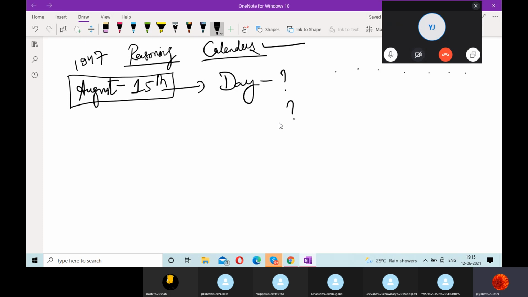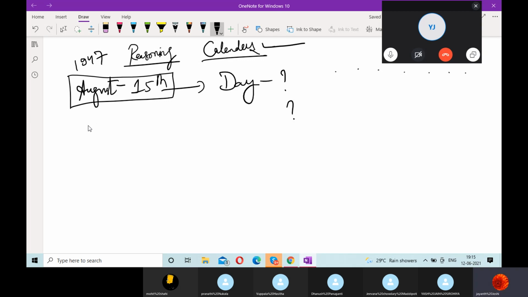First, write down some concepts which are very important with respect to the calendars chapter. Just write down and note down what I'm saying.